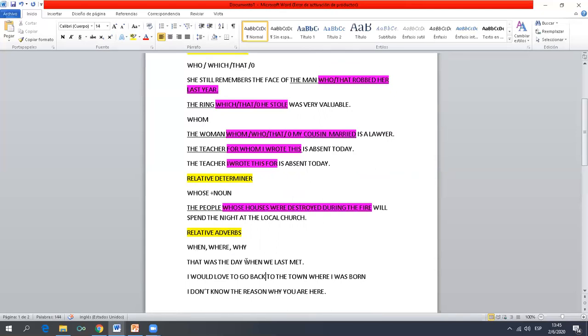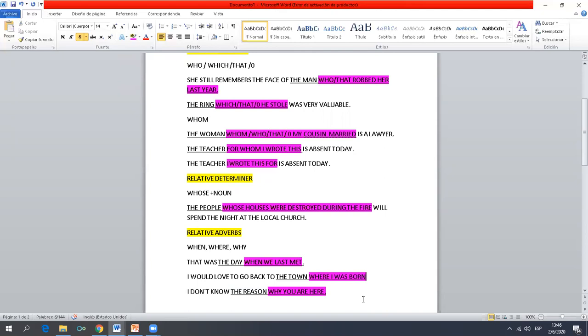Okay, let's mark which are the relative clauses here. When we last met, this is the relative, and this is the noun phrase where you find the relative. Where I was born is the other relative, and why you're here is the other relative. And let's underline the noun phrases where they are included here.